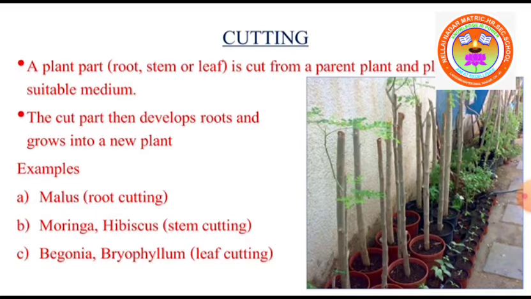Even hibiscus, a shrub plant: the mature woody stem is separated by cutting and buried in another place, and it starts to grow as a new independent plant. For leaf cutting, Begonia and Bryophyllum. As you are aware, Bryophyllum produces adventitious buds on its leaf called epiphyllous buds.